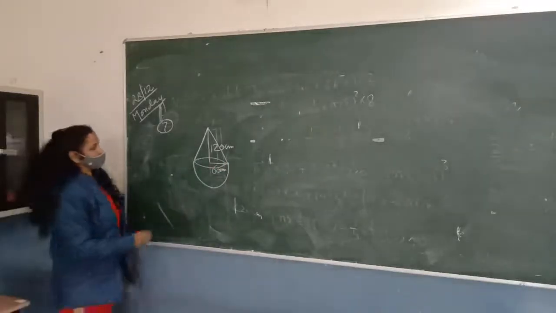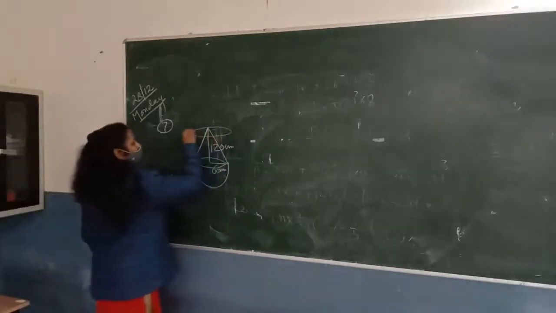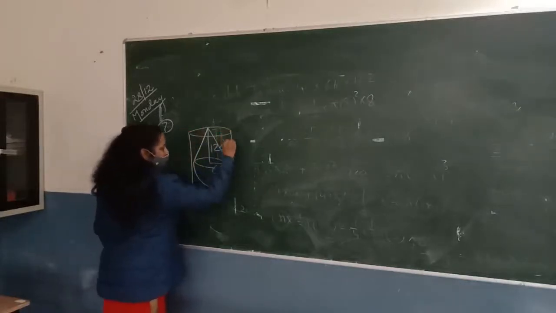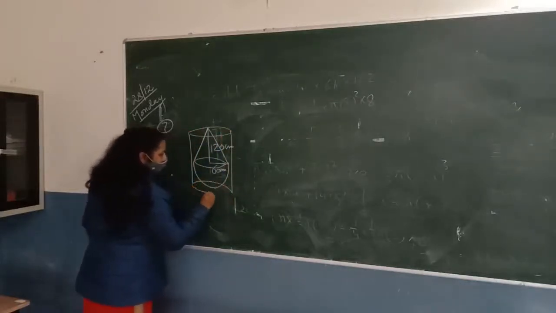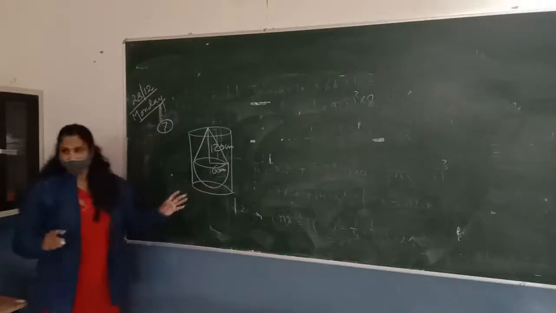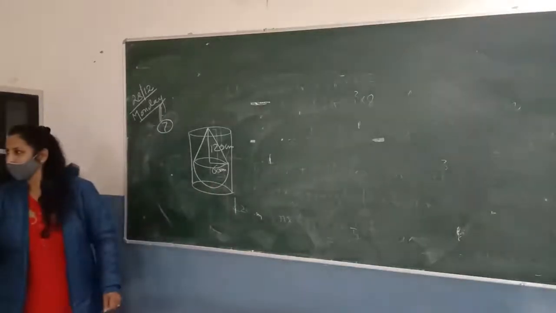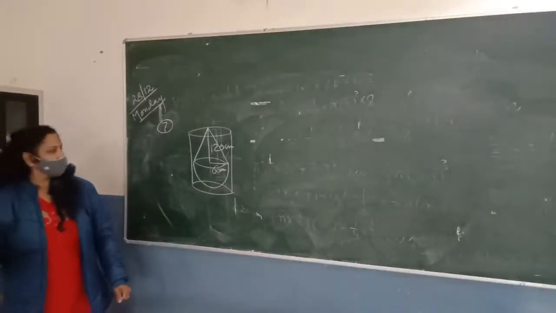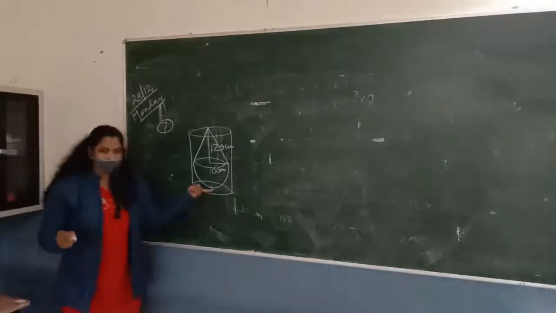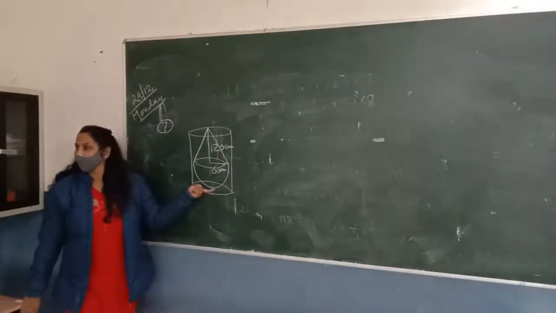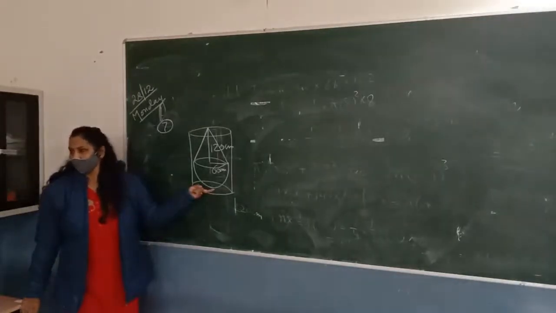Is placed upright in a right circular cylinder full of water. Now we are placing this object into a cylinder, such that it touches the bottom of the cylinder. Find the volume of the water left in the cylinder if the radius of the cylinder is 60 centimeters and height is 180.